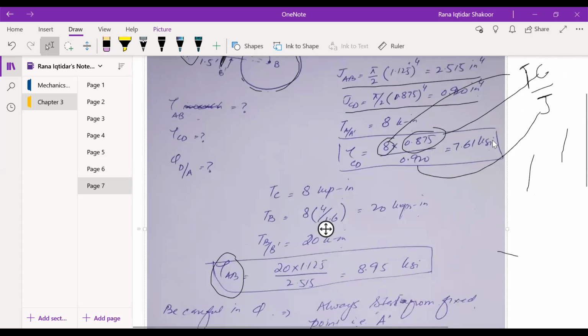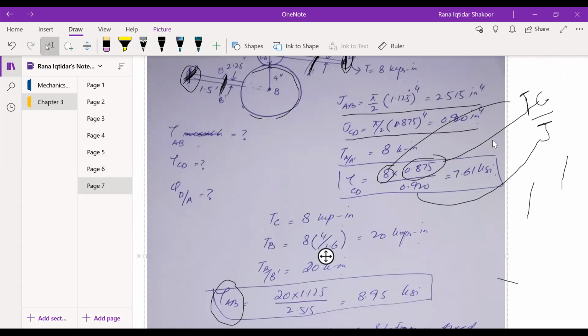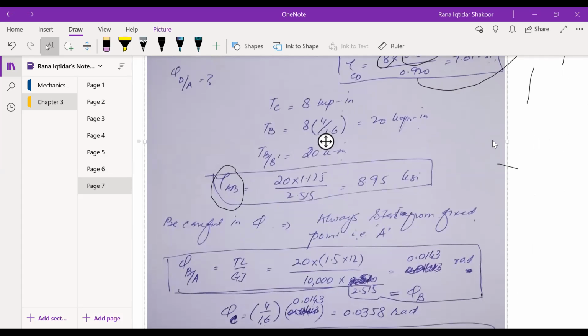Length is known to us. Length is basically 1.5 feet. We will convert it into inches. This is the torque, this is the G, and this is the J for this particular rod, right? So it will be 0.143 radians.